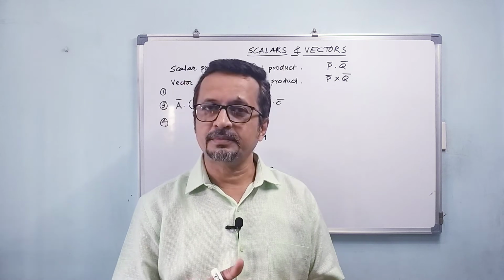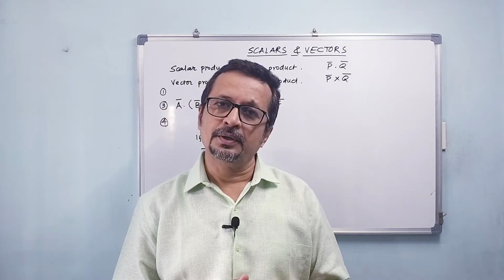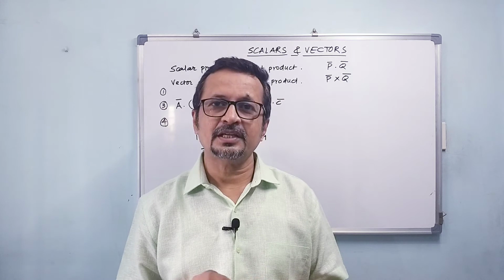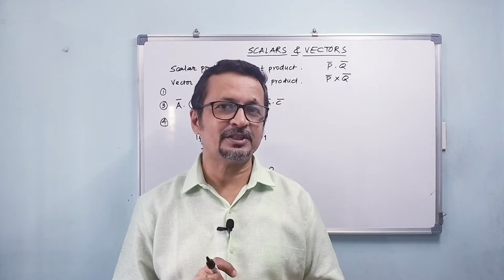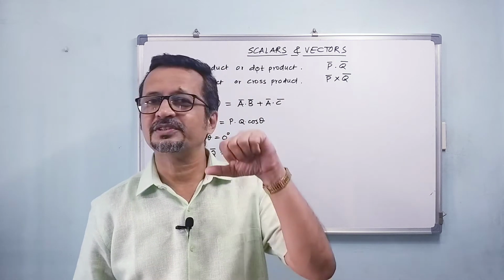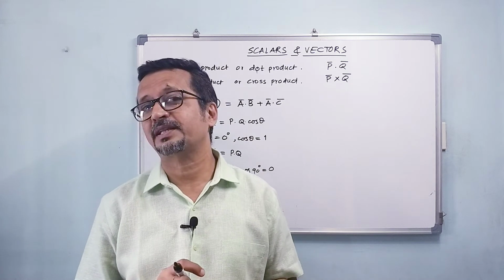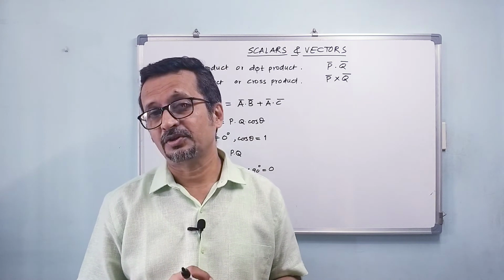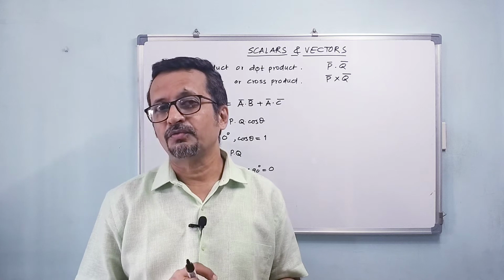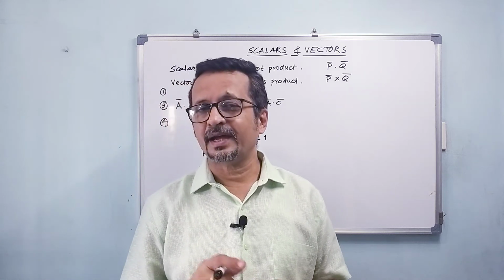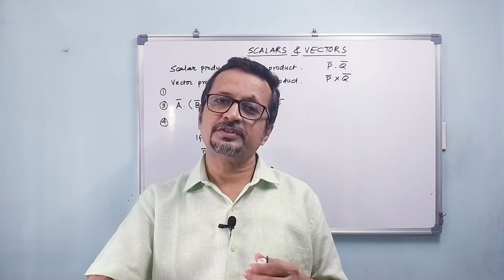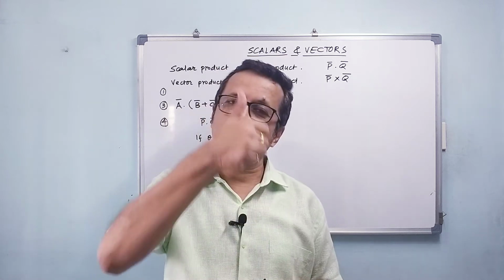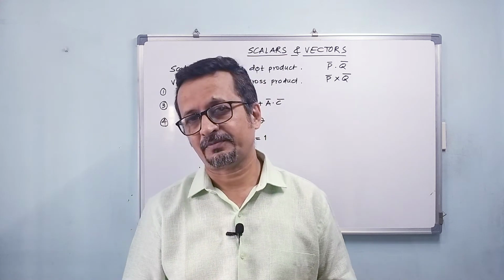So over there, the scalar product of force and displacement: displacement is upward, force is acting downwards. Then the work done by the gravitational force of attraction acting on the ball would be negative, because the angle between the force acting downwards and the displacement acting upwards is 180 degrees.